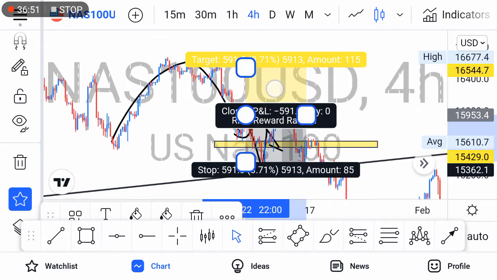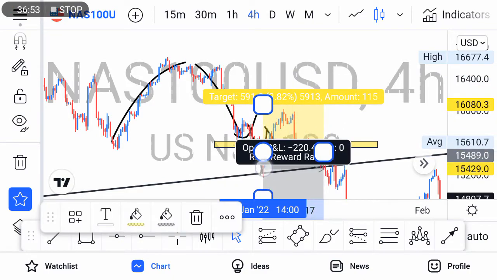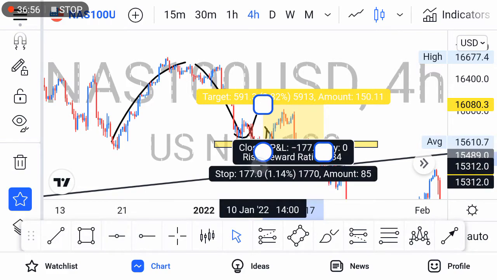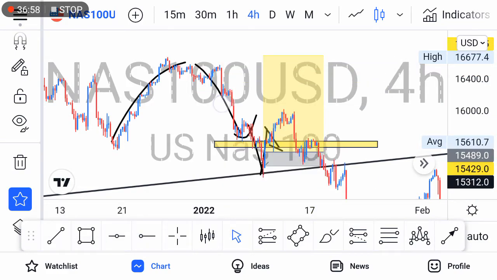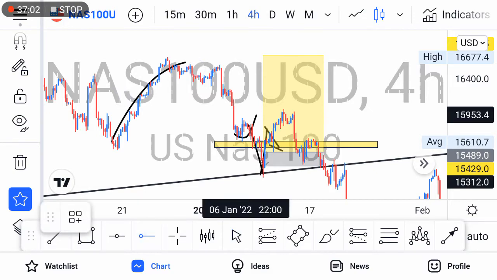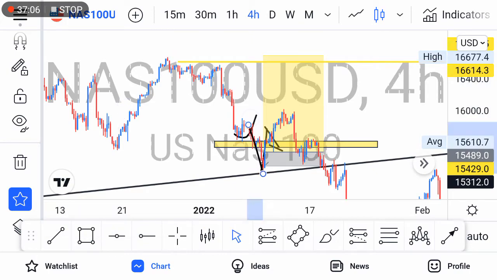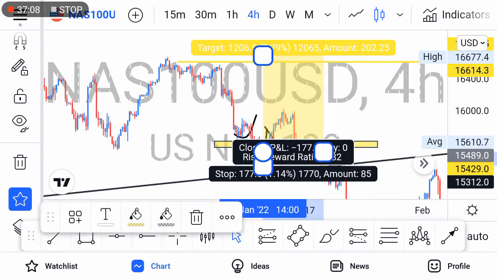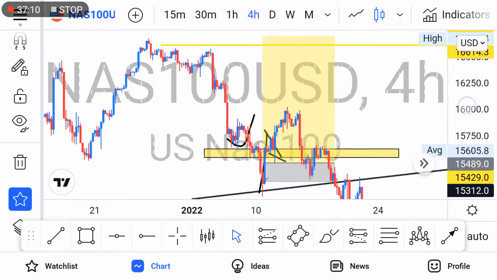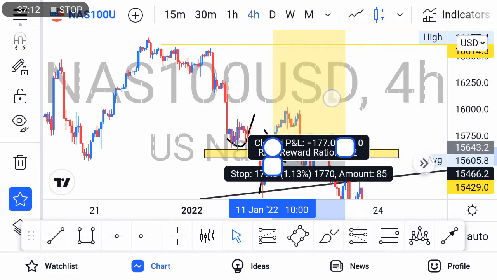Once it gives us this retest, we're gonna enter here, and we're gonna target here. That's our target, because we can see our rule is being met.